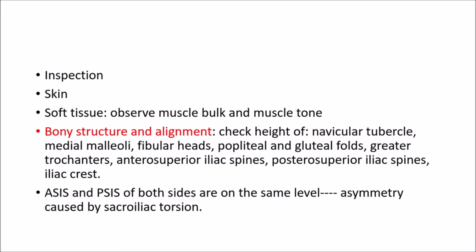If the anterior superior and posterior superior iliac spines of one side are lower compared to the other side, there is a possibility of sacroiliac torsion rather than hip pain.